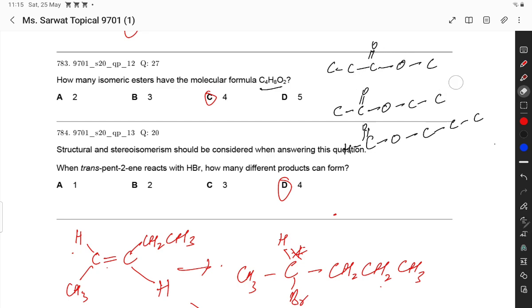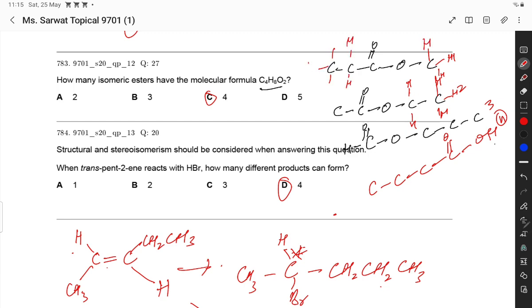This is ethyl ethanoate. This is propyl methanoate. And this is another compound, butanoic acid, 4 carbons, 1, 2, 3 and 4. You can draw hydrogen over here. Carbon is surrounded by 4 bonds with hydrogen if no other element is present. So in this way we have 4 isomeric esters.